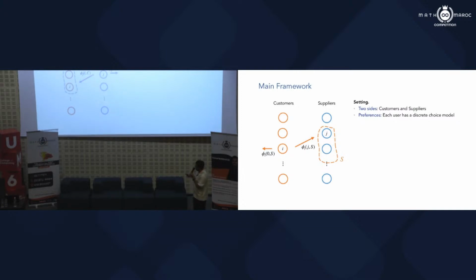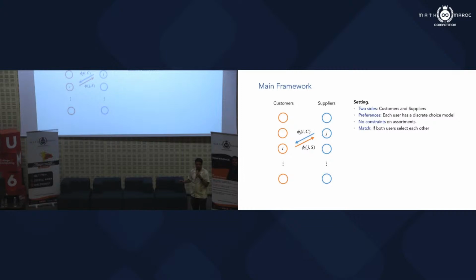Then the same thing: you control what you show to the supplier. You're going to offer an assortment C, a subset C, to the supplier. Supplier J might leave with some probability and might choose each of the agents in C with some probability phi J I C. And if two agents choose each other, then there is a match.